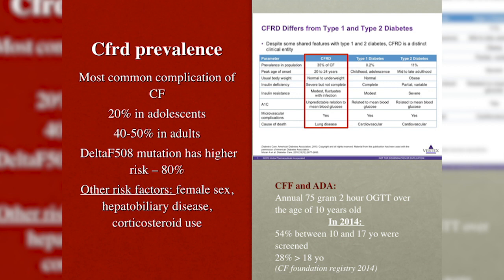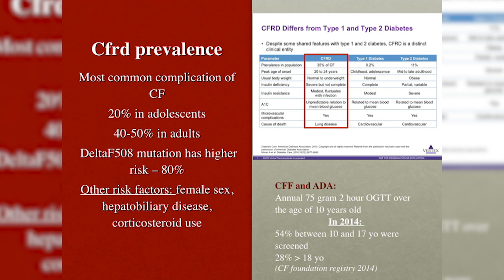The Delta F508 mutation has the highest risk of development of diabetes. Other risk factors are being female, having hepatobiliary disease, and use of steroids.